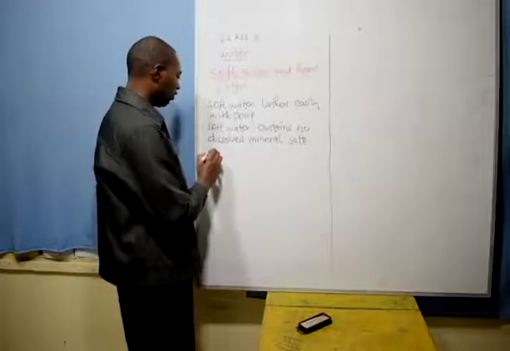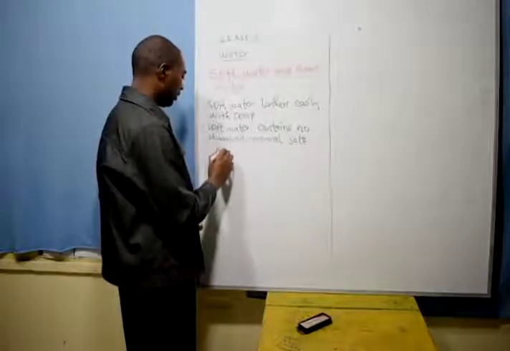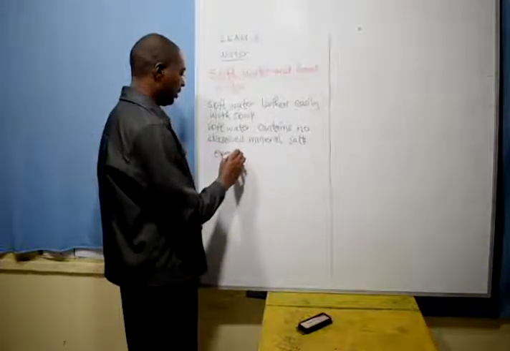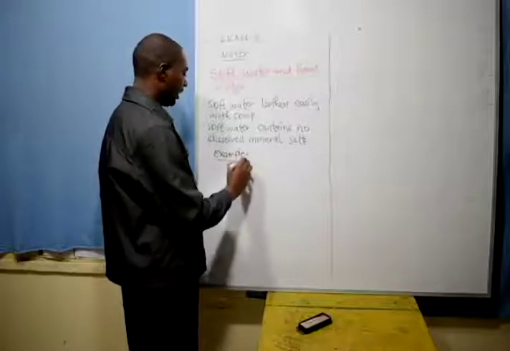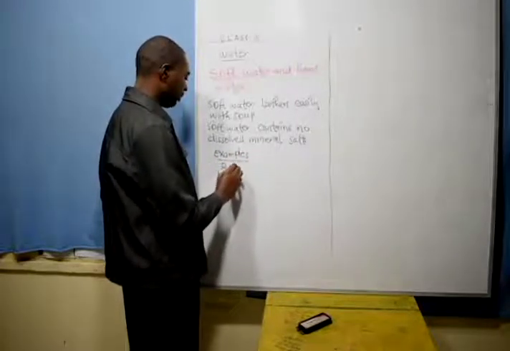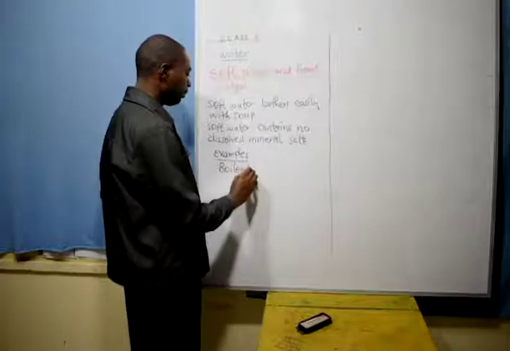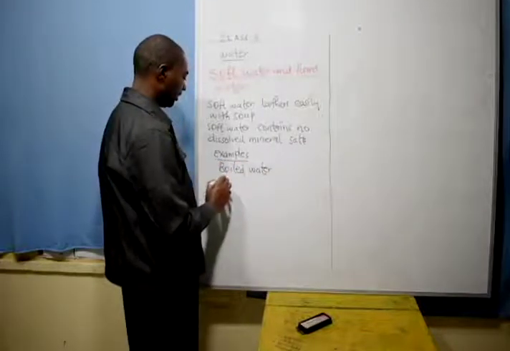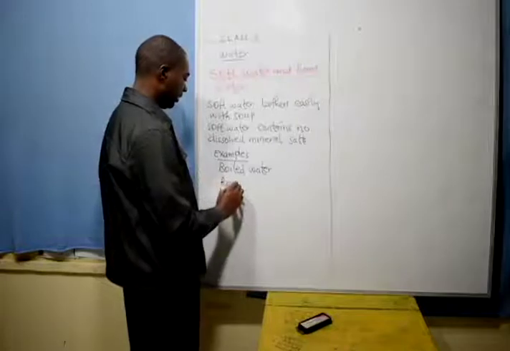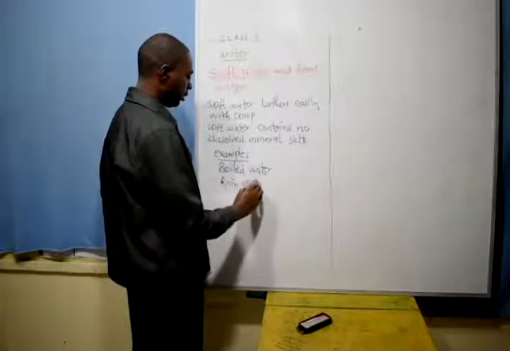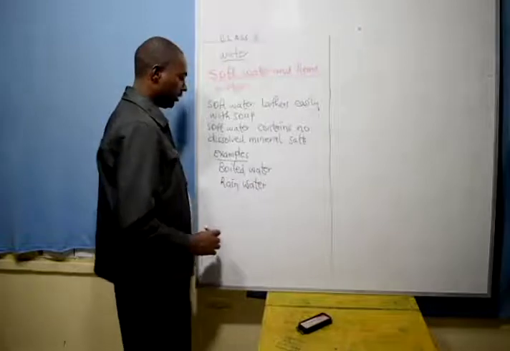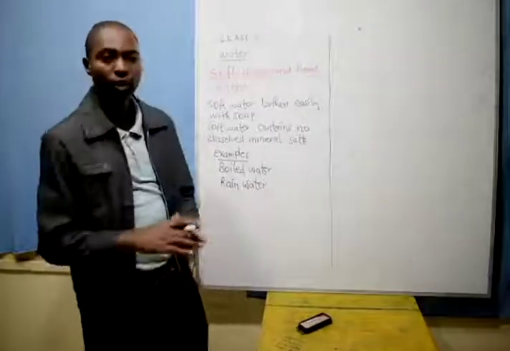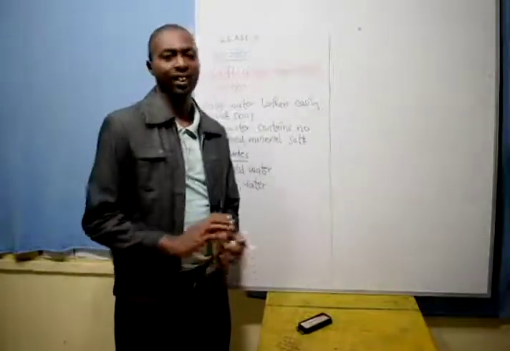Good examples of soft water, you can try this: number one is boiled water. Number two, you can try rain water. This water, if you put soap, it forms foam very fast.